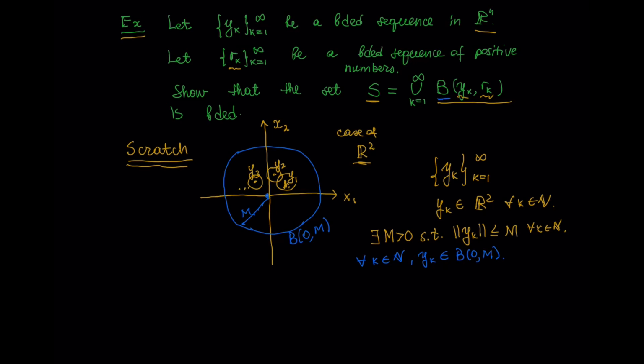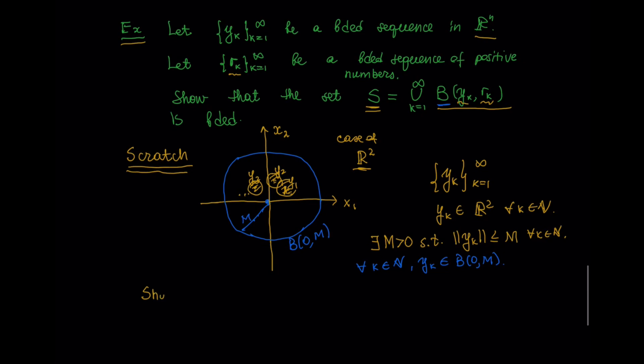And if we take a union of all of these balls, and there are infinitely many of them, we are going to get the set S. Now, what we want to show is that S is bounded. So we want to show that there exists a ball such that S is inside that ball.